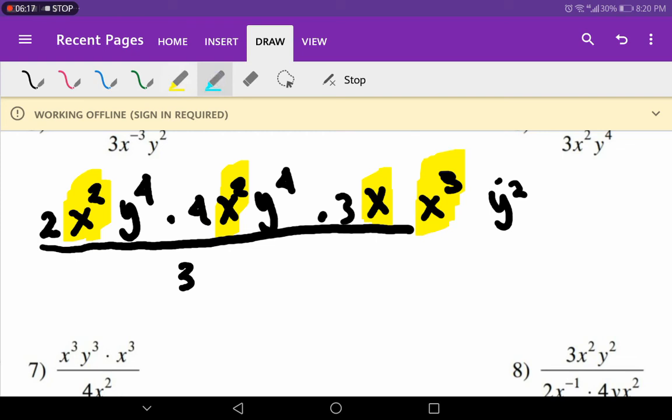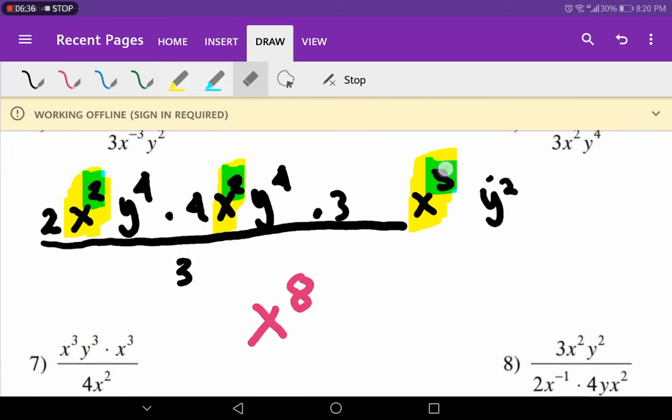That means I have to add 2 plus 2 plus 1 plus 3, and this is equal to 8. So we have x with power 8. I'm done with the x's.